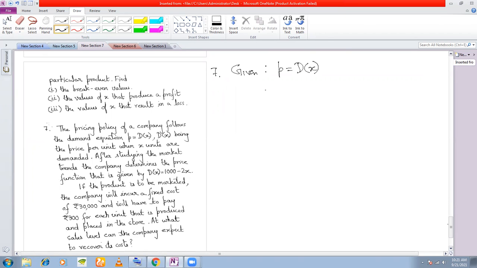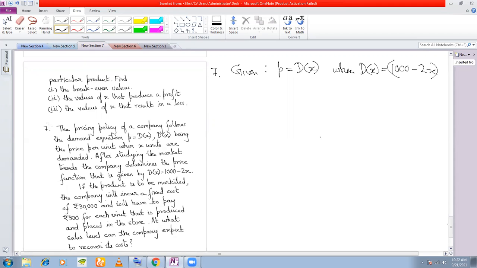Okay, since P is equal to D(x), obviously D(x) is the price per unit when x units are demanded. After studying the market trends, the company determines the price function is given by D(x) is equal to 1000 minus 2x.